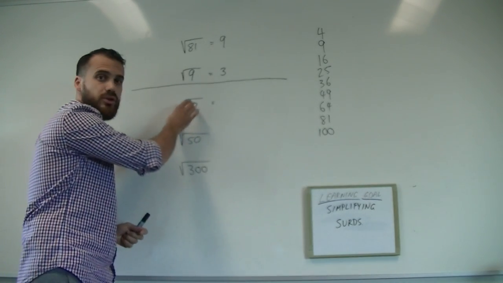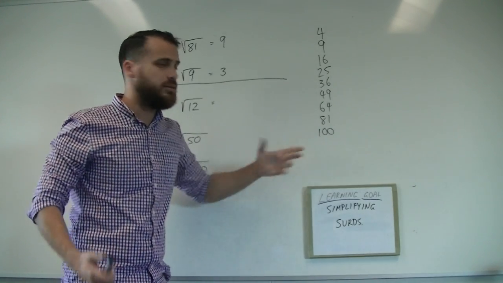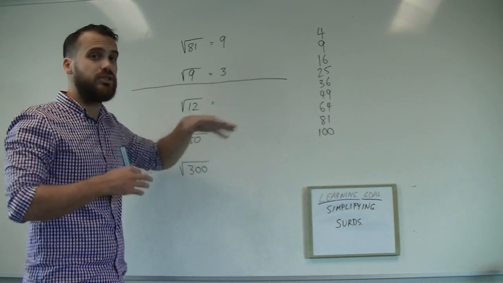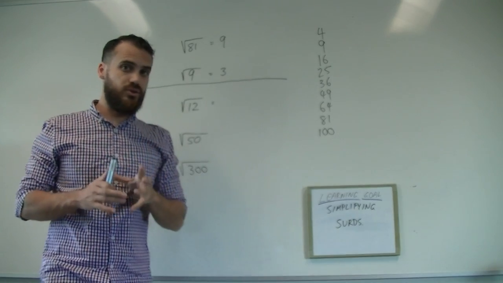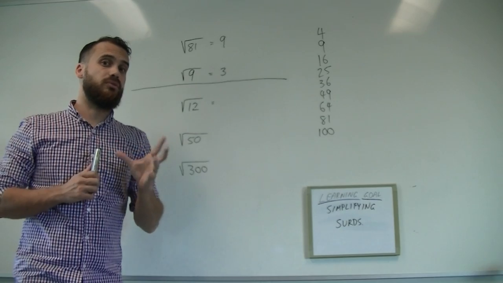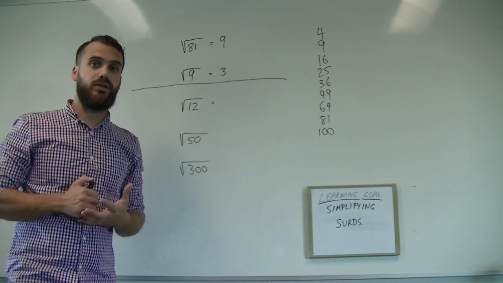The square root of 12. Now if I look at my list of square numbers, it's not there. So I can't just simplify it like I did with these two. What I can do, however, which is really quite clever, is break 12 up. Something times something equals 12.